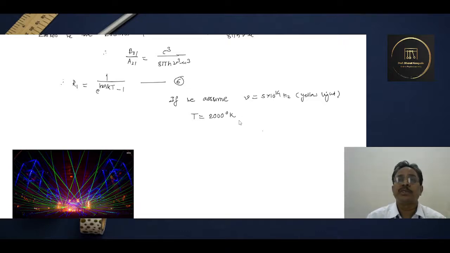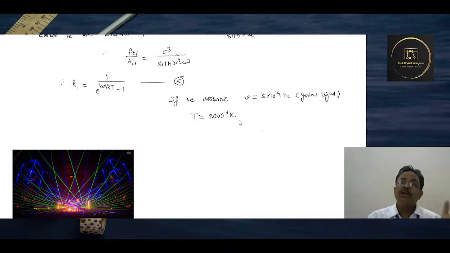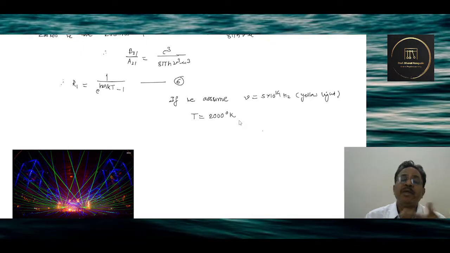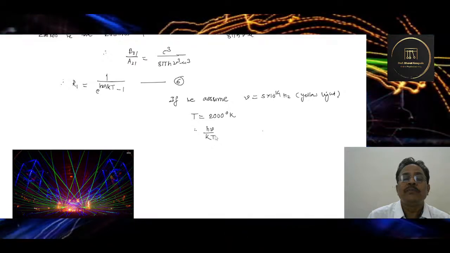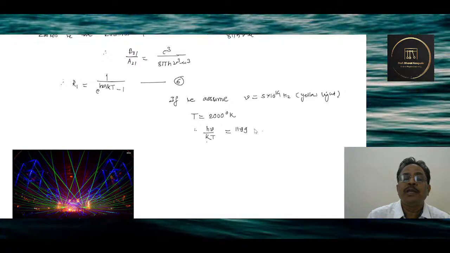For example, the temperature of a sodium vapor lamp is much less than that, but still I can take this temperature to be this. In this case, if I go for this calculation of h nu upon kT, with Boltzmann constant, Planck's constant, this frequency and capital T, all these things used, this calculation comes to be simply 11.99 or approximately 12.